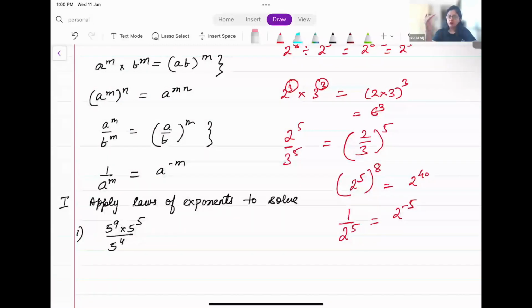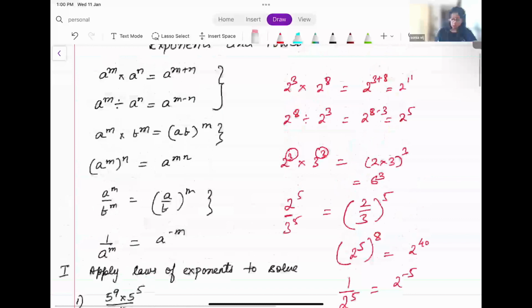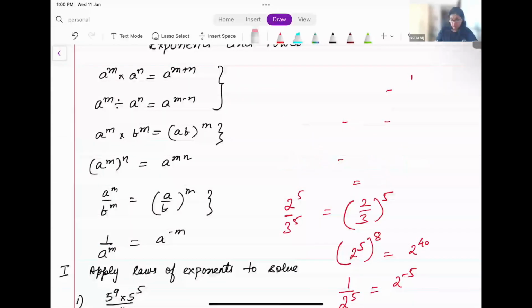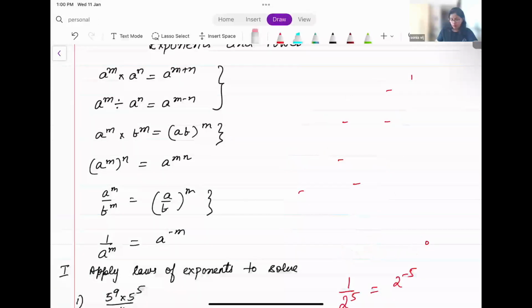Whenever we change the level of the number, the sign reverses. If you take it from down to up, it becomes minus, or you take from up to down, it becomes minus. That is something that you should understand. Now, let's see some examples, and I will help you with different types of questions that are asked in exponents. I hope it works for you.